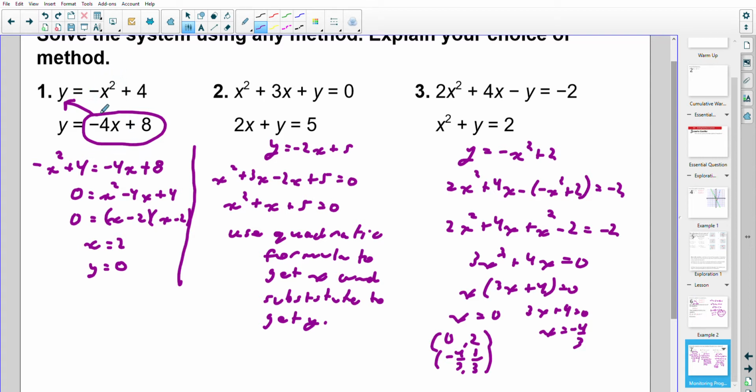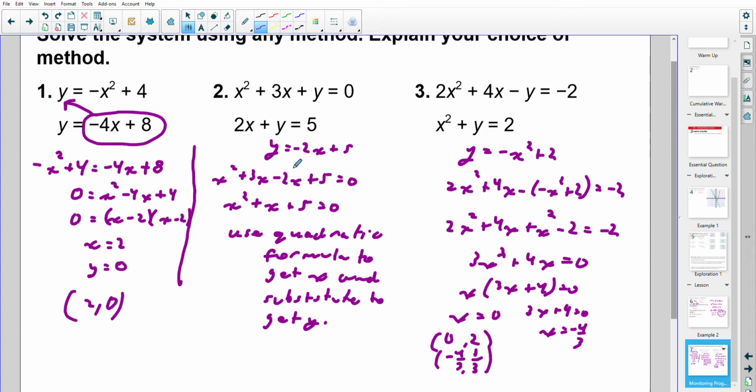Or you could think about it as taking this and substituting it for this y. So I eliminated the y's, and then I solved for the x's by factoring, and so the point is going to be 2, 0. Notice when you factor, you get a binomial squared. That gives you one answer, and so the intersection is 1 point.